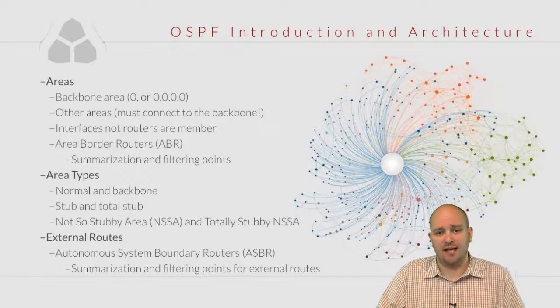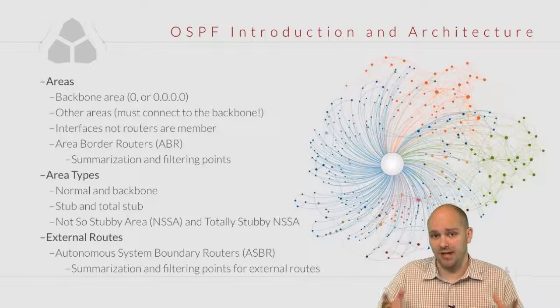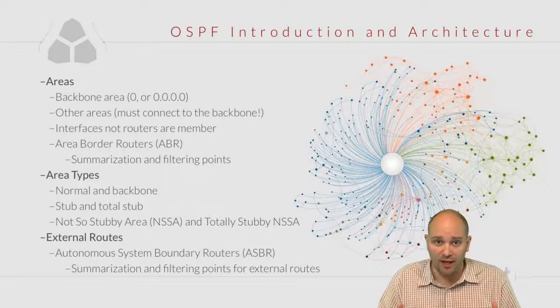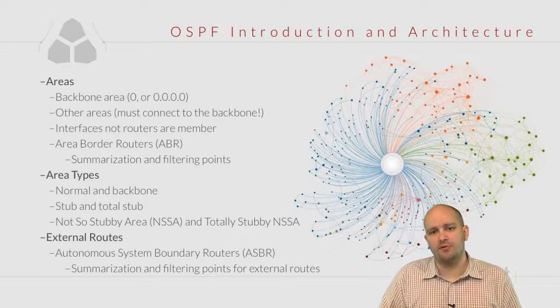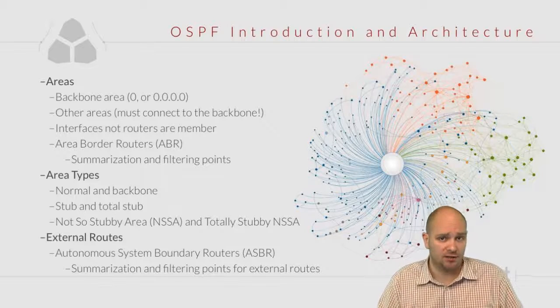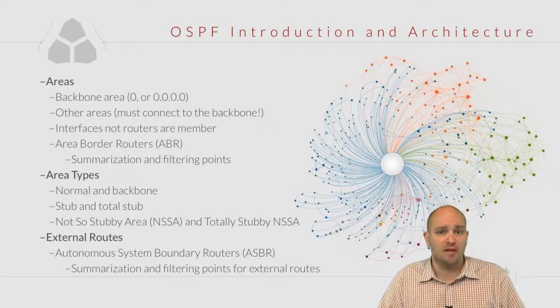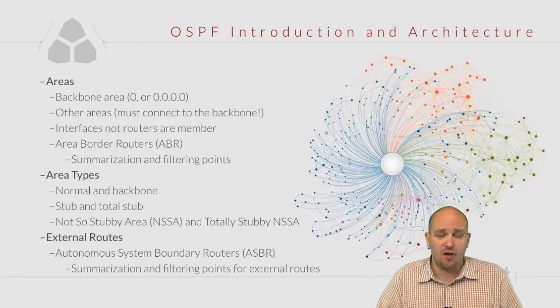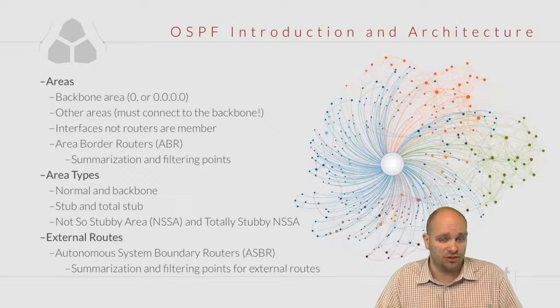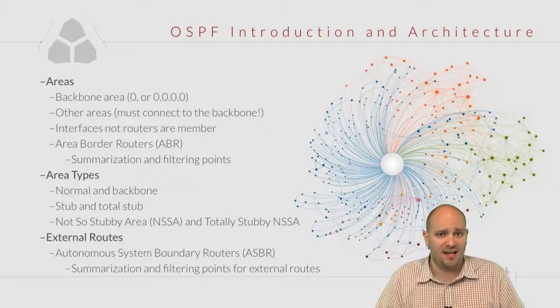I did mention that there are different areas in OSPF, and not all areas are the same. OSPF relies on a hierarchical design of areas. There is one area that is considered to be the backbone area. This area has the area identifier of 0.0.0.0, or simply area 0.